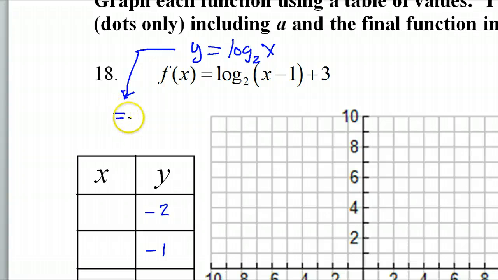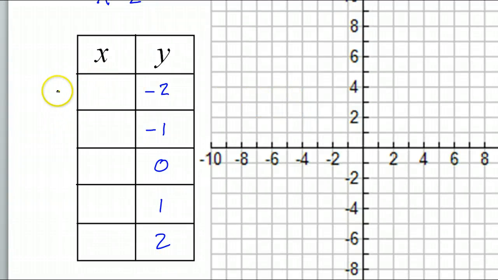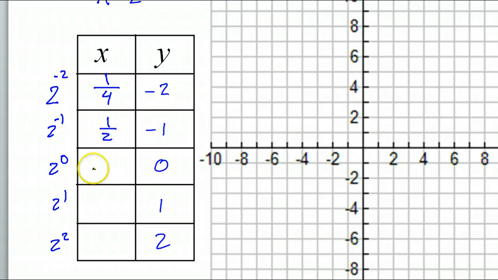So there's my base 2, the x and the y switch sides, so I have x equals 2 to the y power. To find these x's, I will do 2 to all of these powers: 2 to the -2, 2 to the -1, 2 to the 0, 2 to the 1, and 2 to the second. Now this is going to be 1/4, 1/2, 1, 2, and 4.